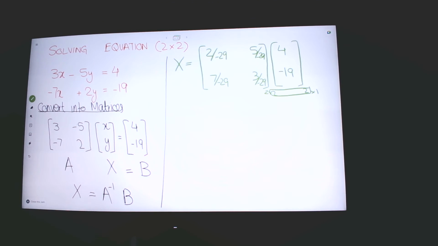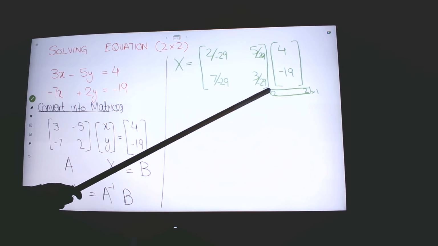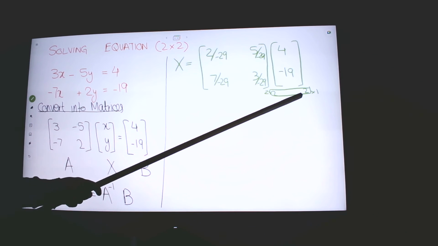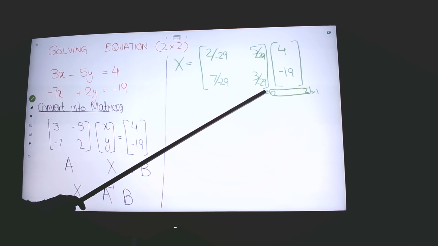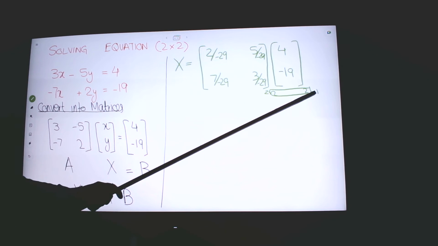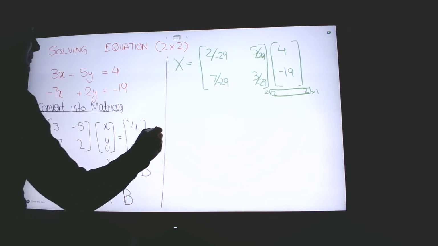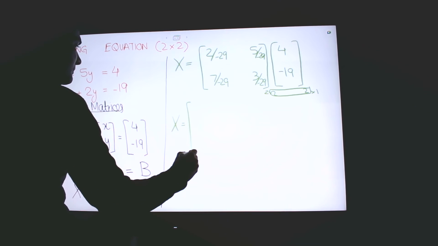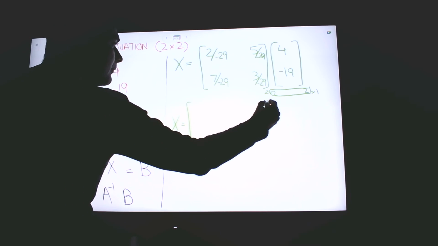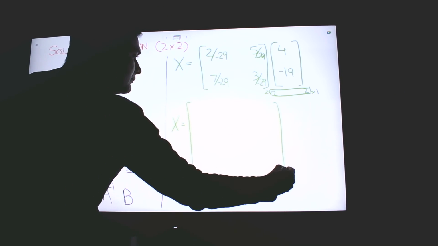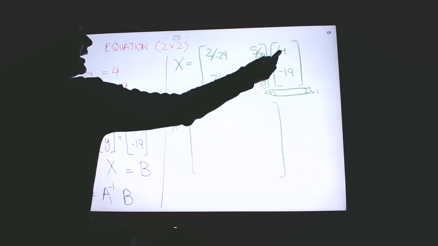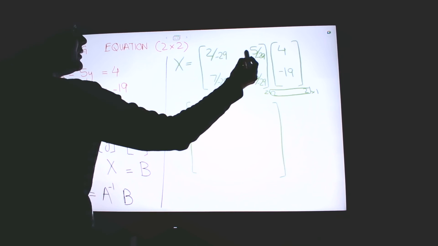You can multiply them because the columns of the first equal the rows of the second, and the resultant matrix will be 2 by 1. So now we can multiply. You're going to multiply that by that. What's the answer you will get?